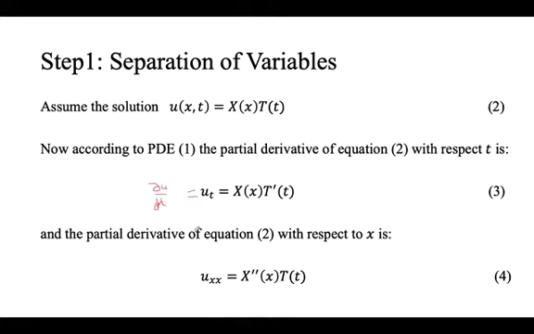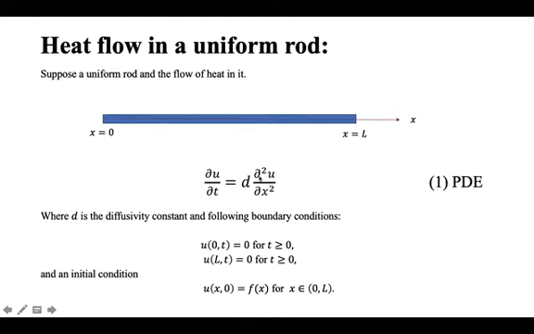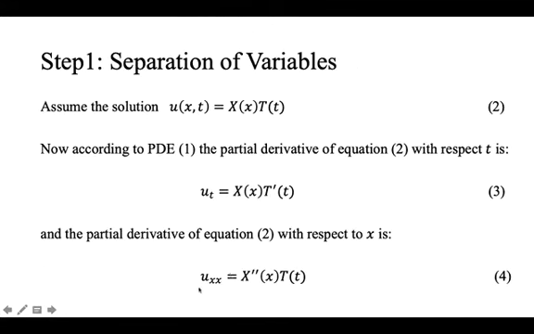And same for the other part of the heat equation, that is the second partial derivative of u with respect to x. So we come to u subscript xx, meaning first we take the derivative of this with respect to x, and then again we take the derivative with respect to x, and we place two dashes on the capital X and write this equation.